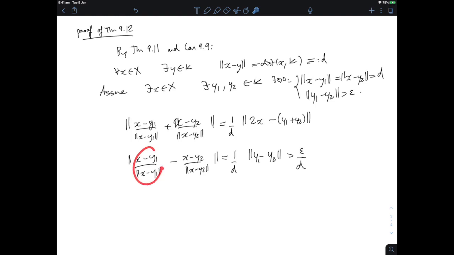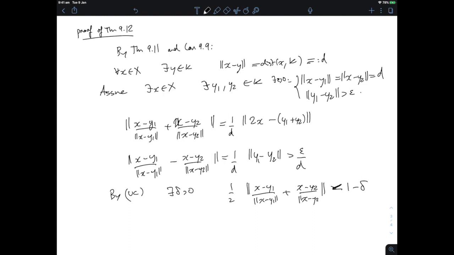So I have two points here that are reasonably far apart, and so uniform convexity guarantees that their average has to be a little bit away from the unit sphere. So there exists a delta such that the norm of 1/2 of (x minus y1 divided by its norm plus x minus y2 divided by its norm) has to be smaller than 1 minus delta.